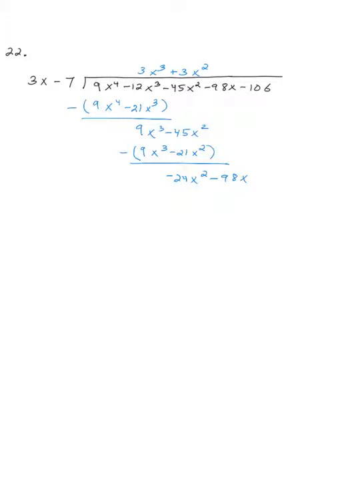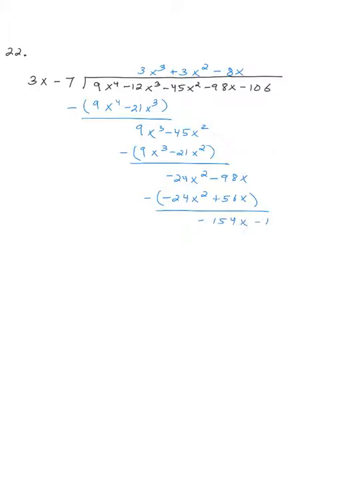So now I'm going to multiply by negative 8x. That gives me negative 24x squared plus 56x. And when I take the difference, it's really negative 98 minus 56. So it's negative 154x.